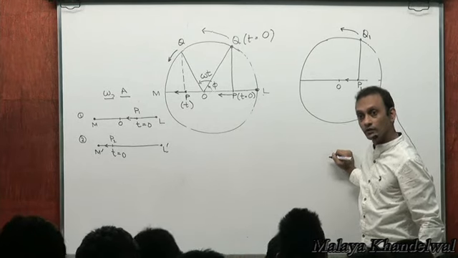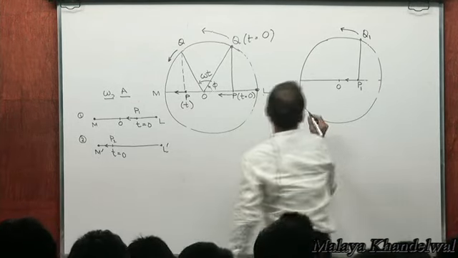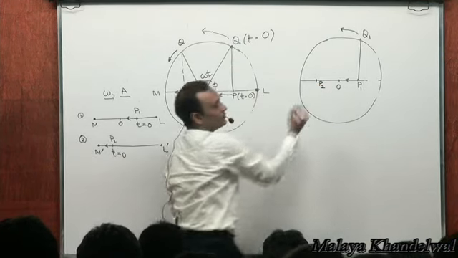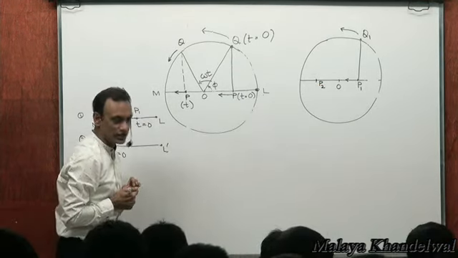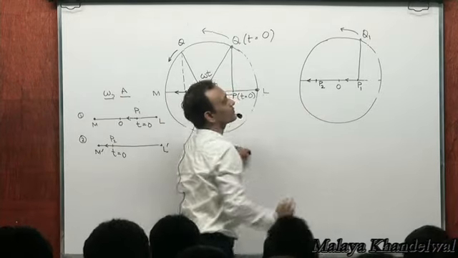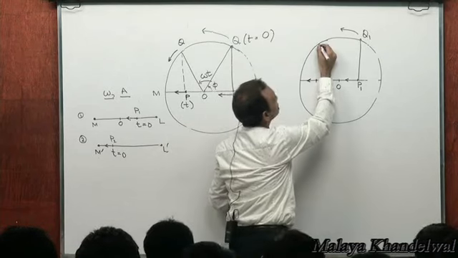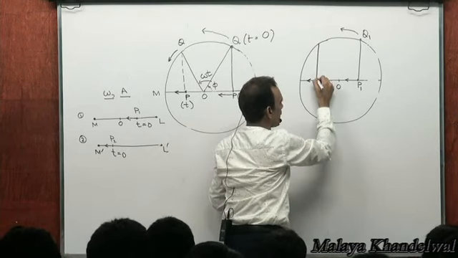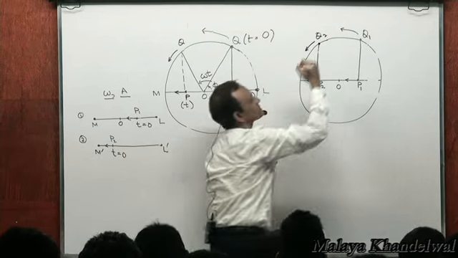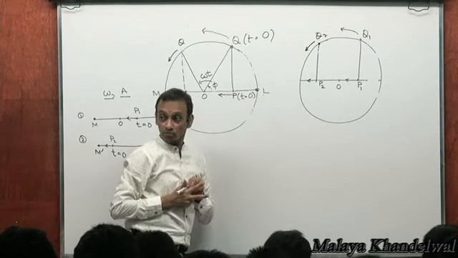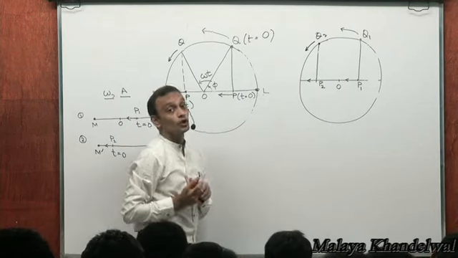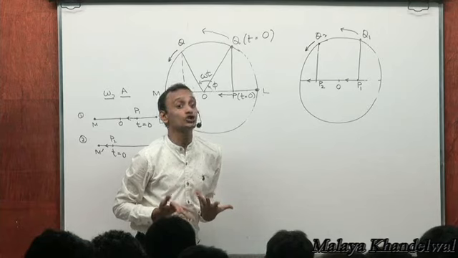At the same instant, oscillator 2, P2, was here and was headed leftwards. Its corresponding auxiliary particle on the auxiliary circle, Q2, was here and was headed like this.